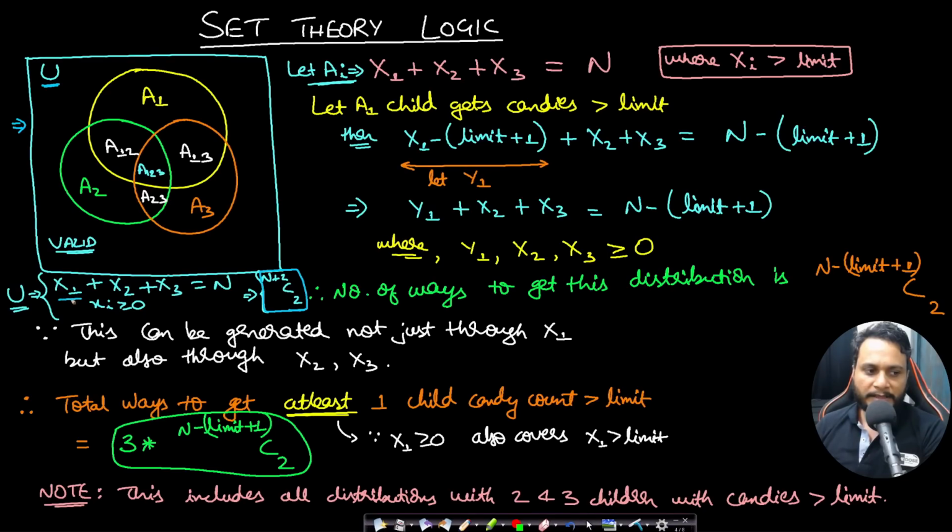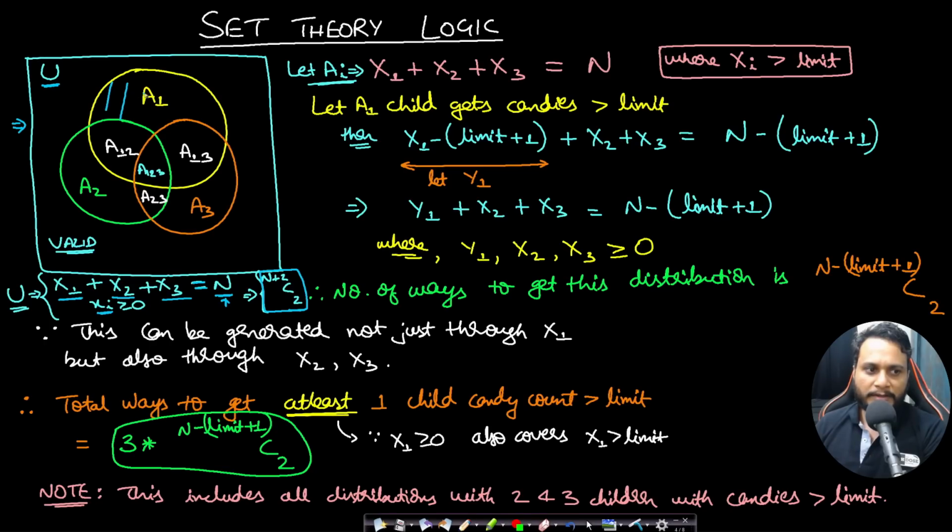Now let's say the first child gets x1 number of candies, second child gets x2 number of candies, third child gets x3 number of candies. Then the total candies must always add up to be n, which is the total number of candies. Okay, and each child can get the candy count greater than or equal to 0, right?